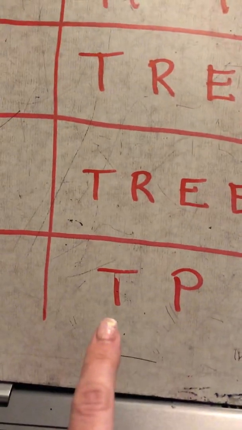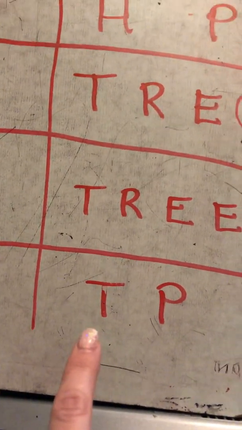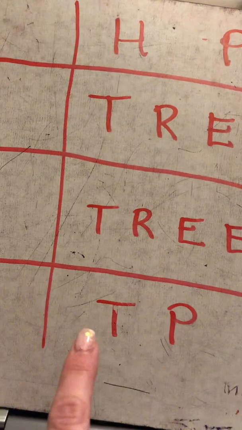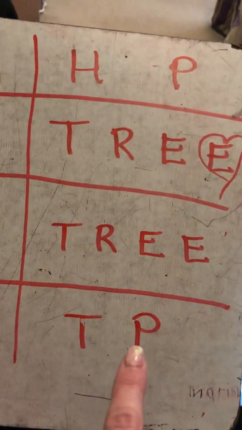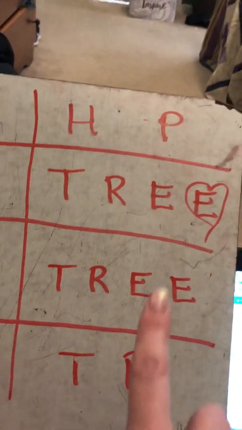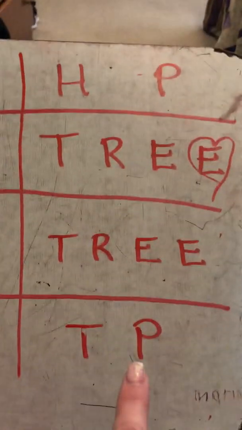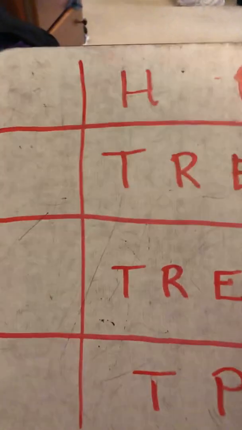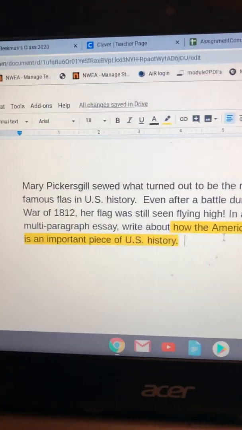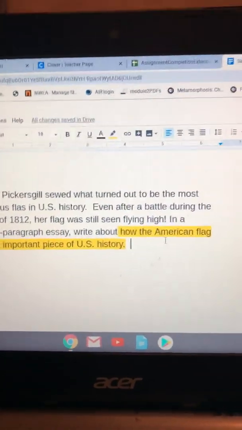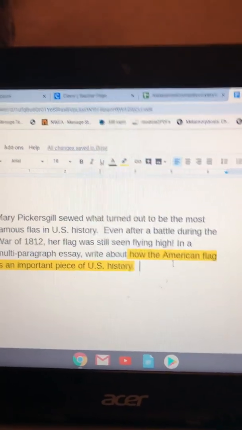And then the very last paragraph, I know some of the kids laughed, it's like TP, huh? A final transition word, so finally or in conclusion or some such thing. And then they just state the prompt again. So this P stands for prompt, just like this one up here. So they would just state the prompt again, but instead of saying the American flag is an important piece of history, they would just state it in a different way.